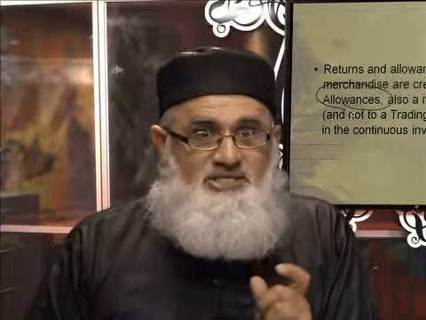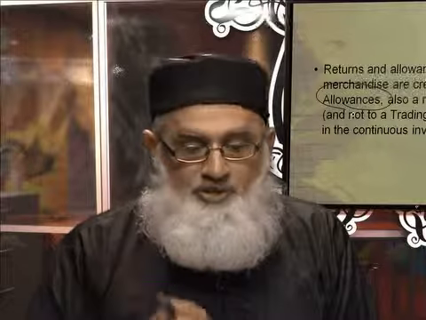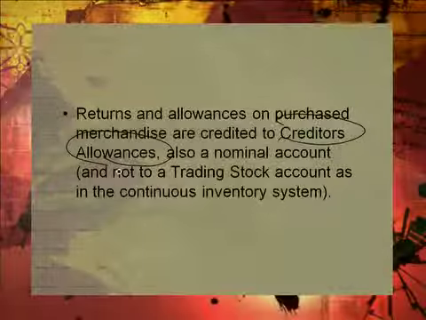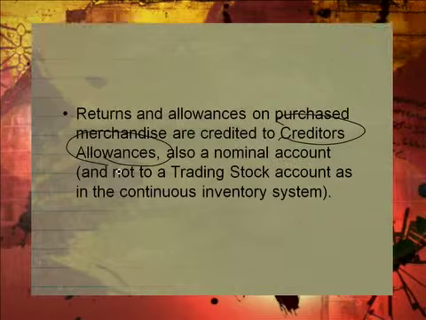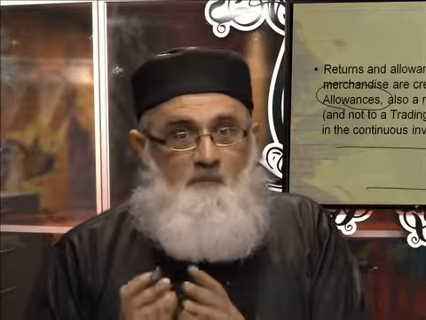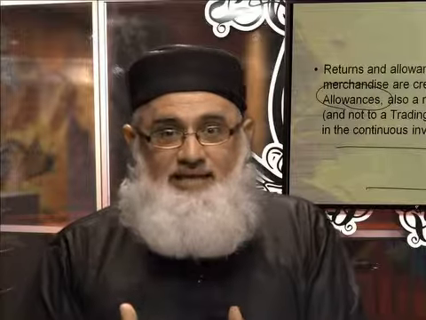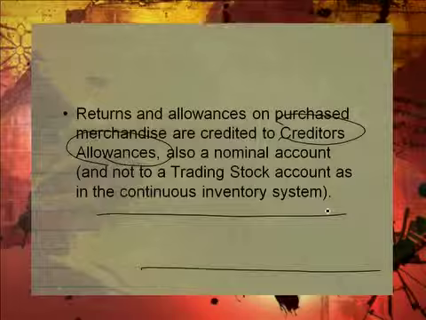So clearly you can see a new account which you have not used before will now be used. Remember, you do not use the trading stock account like we used to use when we did the continuous inventory system. Okay, so all the time you would find me comparing this to the perpetual system, and the reason I'm doing it is for your understanding of the concept.